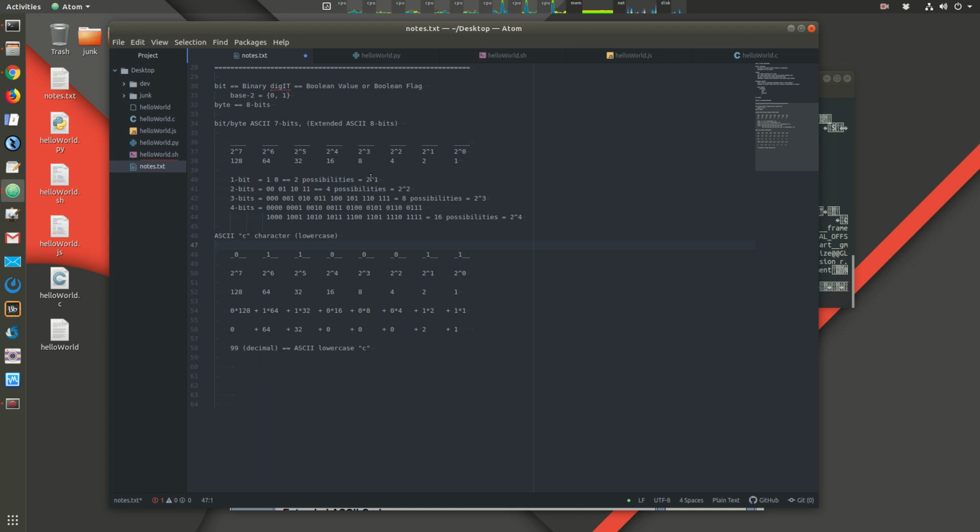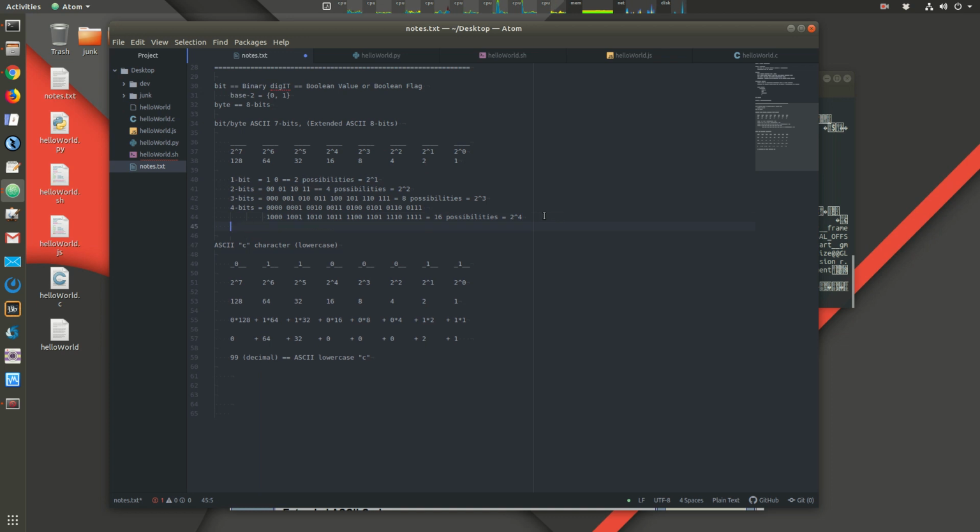If we have an 8-bit number, then that is the base to the 8th power, and that equals 256 possible numbers.